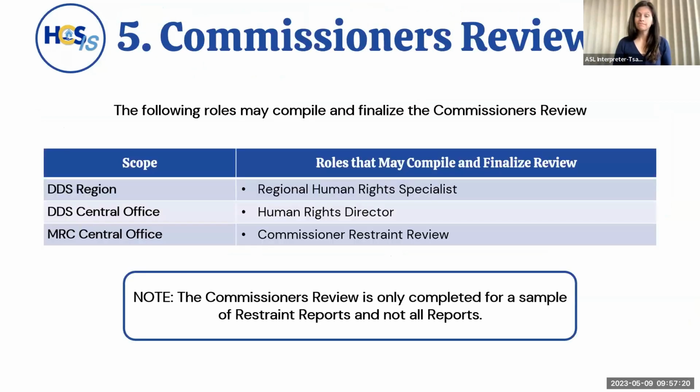Now, the restraint report needs to go for the Commissioner's review. The following roles listed on this slide can both compile information for the Commissioner's review as well as finalize it. I will give you a minute to review those roles.